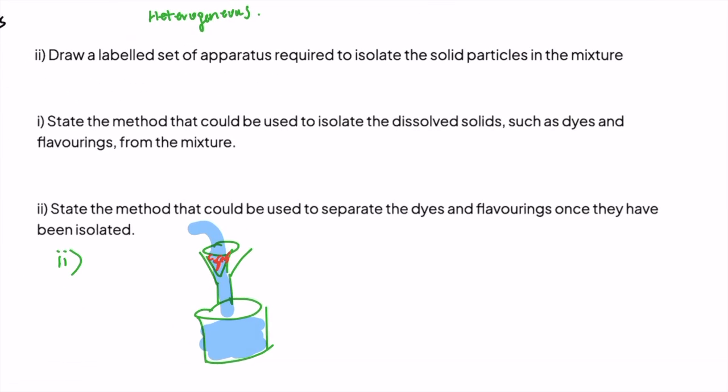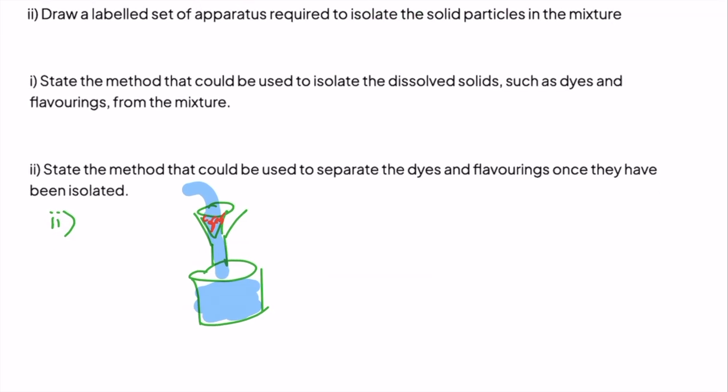Okay, now state the method that could be used to isolate the dissolved solids such as dyes and flavorings from the mixture. So here it says that they are all dissolved, so you have a miscible situation. And what we can do is use evaporation. Why? Because it says to separate the mixture from the dissolved solids.